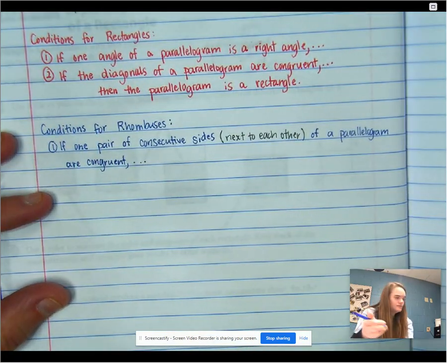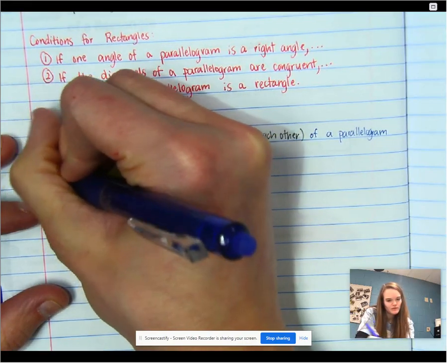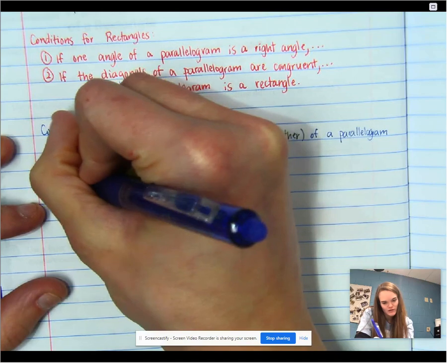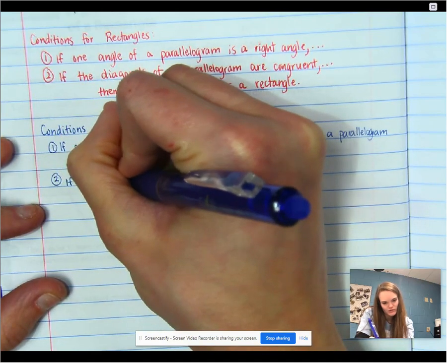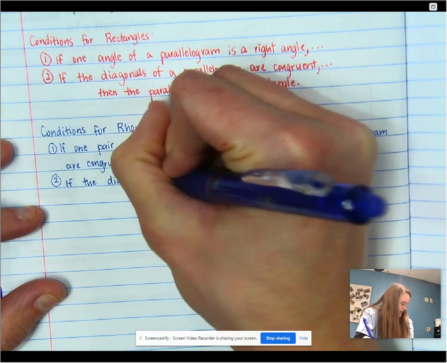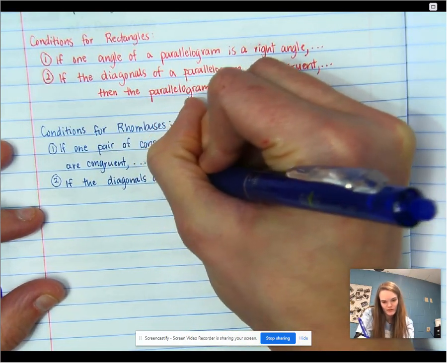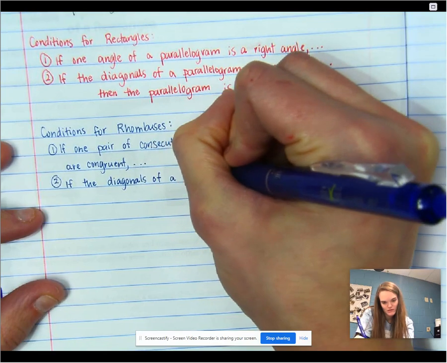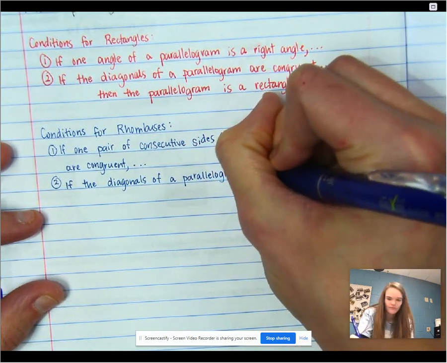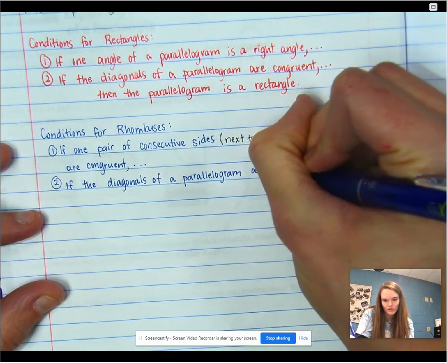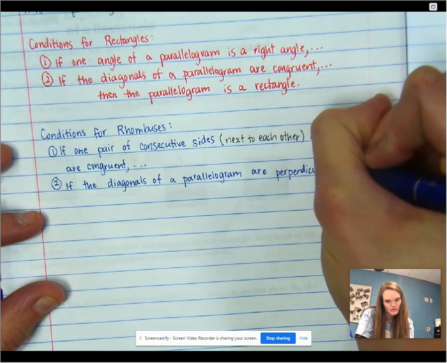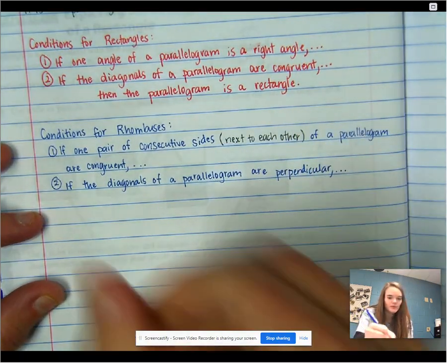then it's a rhombus. The second one, remember only one has to be true. If the diagonals of a parallelogram are perpendicular, then it is a rhombus.